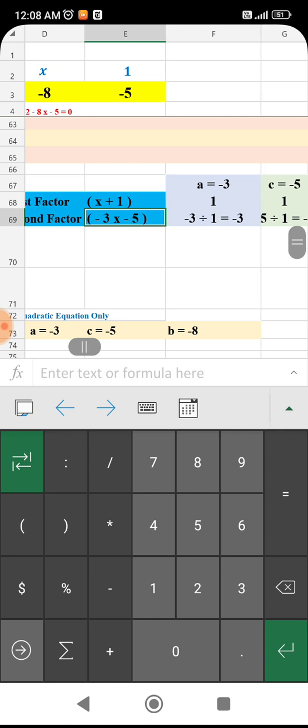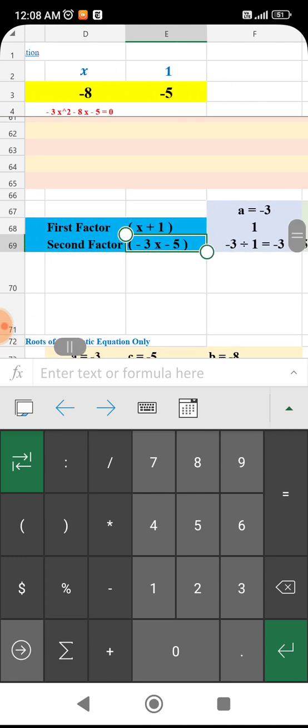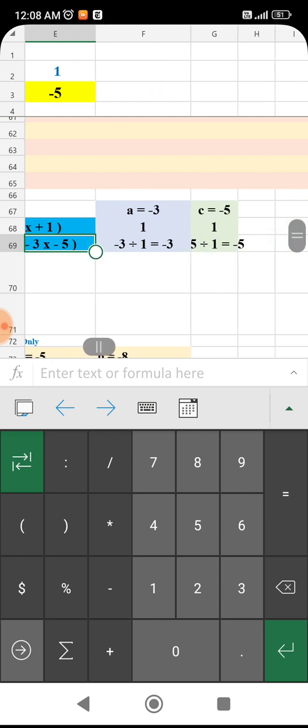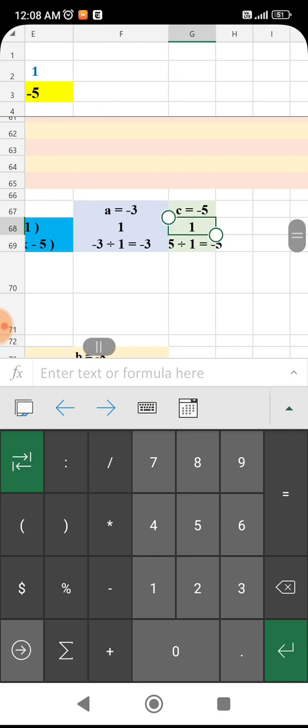Now, what is the coefficient of c? The coefficient of c is -5. And what is the constant part of the first factor? 1, so it is plus 1. We have to divide -5 by 1. So what do we get? -5.